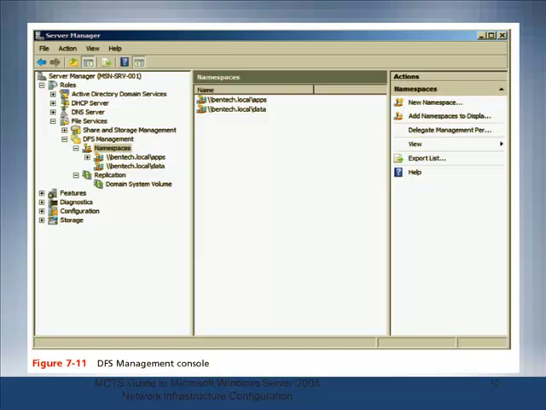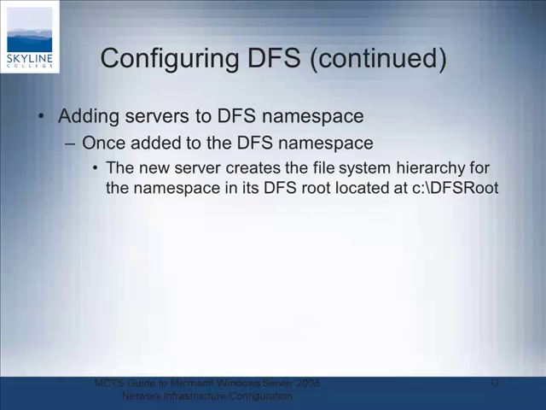And then the namespace folders, and again, I want to show you one. Once you add the namespace, the new server creates a file system hierarchy located at /DFS root. You don't necessarily have to put everything else in there. Actually, I think it's DFS roots when it actually creates it.